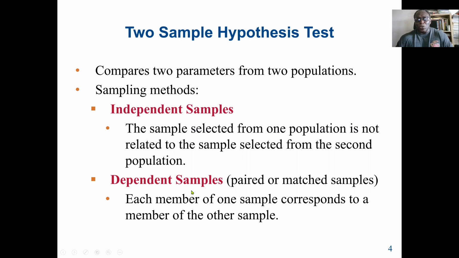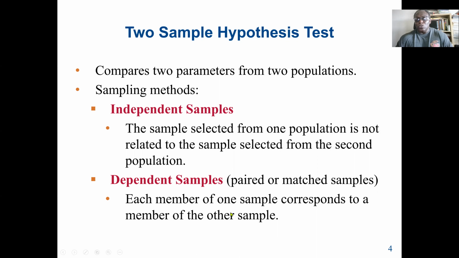Now, dependent samples can be paired or matched samples. Here each member of one sample corresponds to a member of the other sample. So if we have two dependent samples, it means they are related, either paired together or matched.